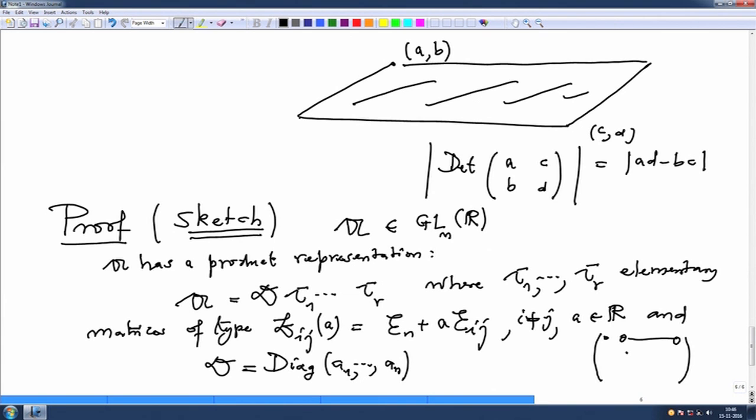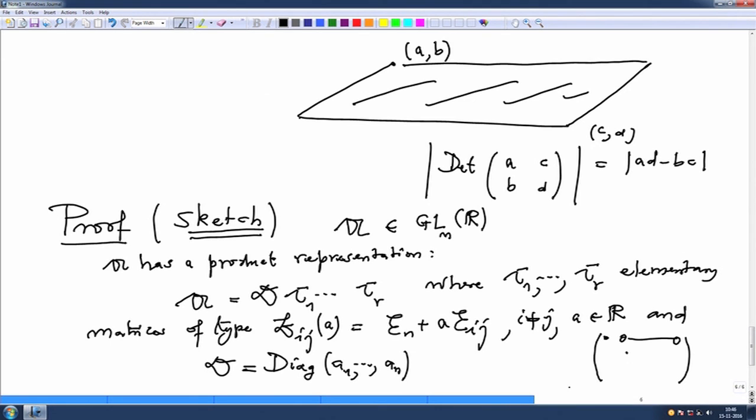And now what I will analyze is what happens to the cuboids or the parallelepipeds under these matrices. Okay. So, first of all these a's are arbitrary real numbers. I want to assume they are smaller or equal to 1.